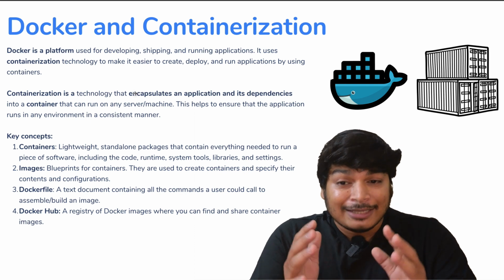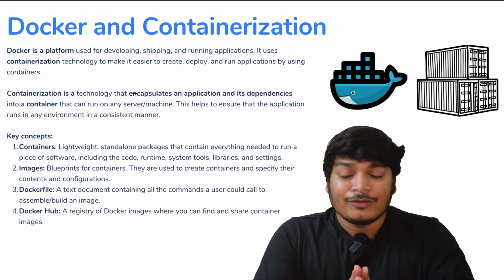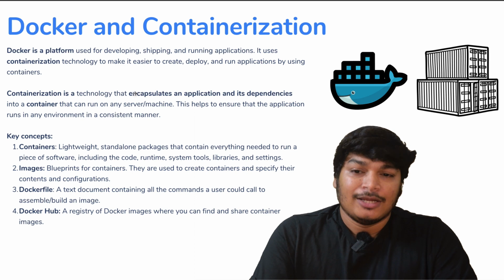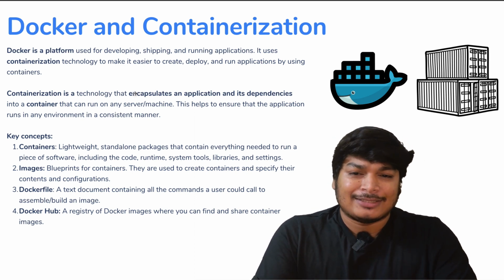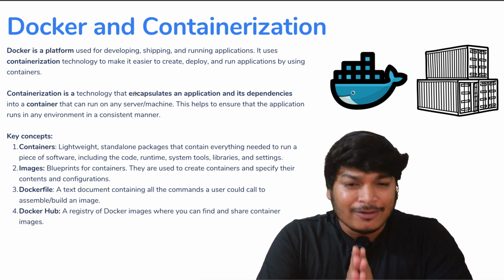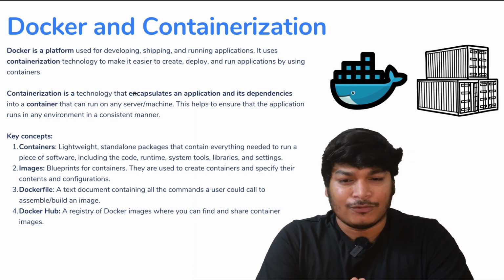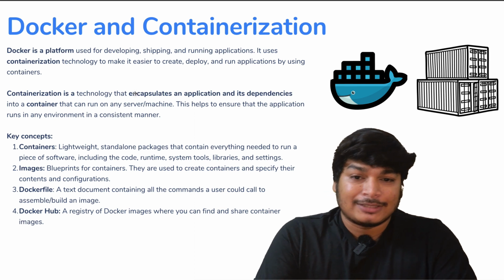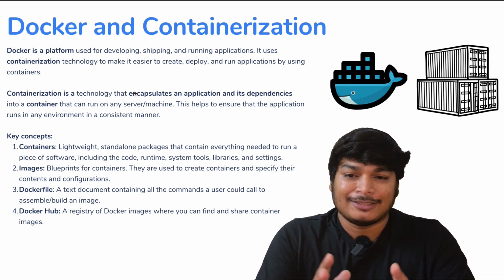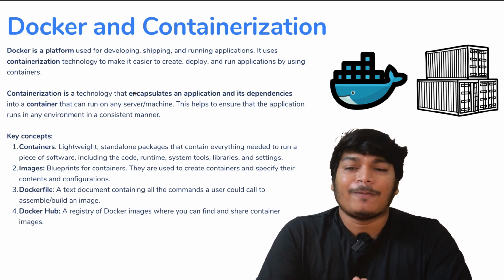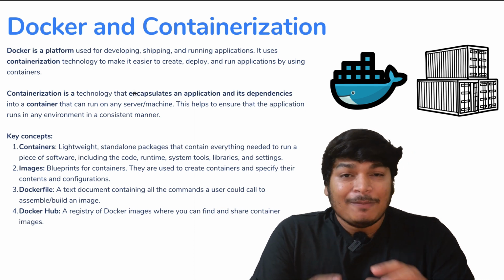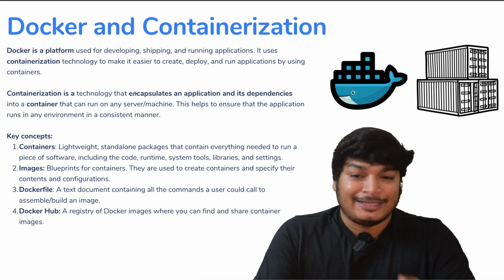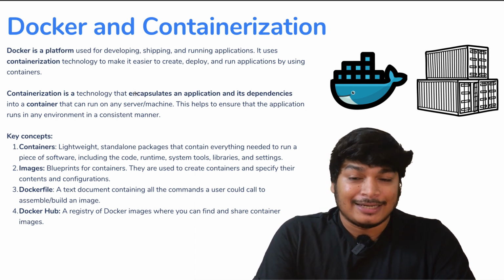Then what are the key concepts you should be aware of? The first one is containers. Containers are lightweight standalone packages that contain everything needed to run a piece of software, which includes the code, runtime, meaning the OS, system tools, binaries, and all the settings required to run the application. Then the images. Images are a kind of blueprint for the container. They are used to create containers and specify their contents and configuration.